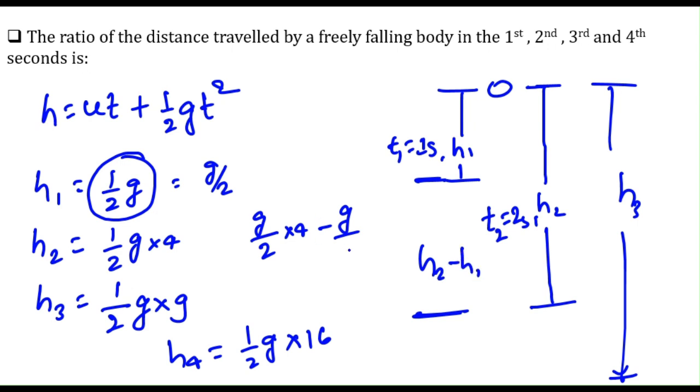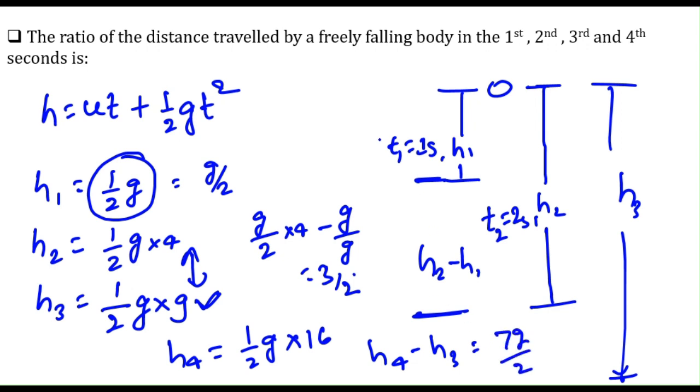So minus g by 2, that will be 3 g by 2. So in the same way, in the next interval, we will get 5 g by 2, and in the next interval from h3 and h4, we can get h4 minus h3, which will be 7 g by 2. So we can check here, it is in the ratio of 1 is to 3 is to 5 is to 7.